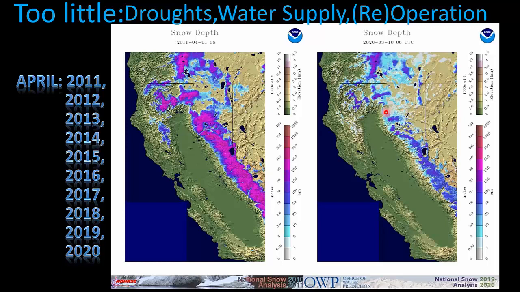So one of the issues that water resources management works on is droughts, water supply, reliable water supply, and this reoperation of the system. Then we're going to be talking about too much, and in this case, it's too much water. How will that be a problem for water resources management?